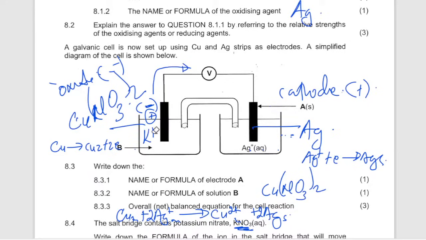The nitrate will come and keep it negative again. And then this one, the potassium, because now it receives the negative from this side, it keeps on neutralizing this, and then it becomes less positive. So the potassium ion will come and make it more positive so that the reaction can continue.